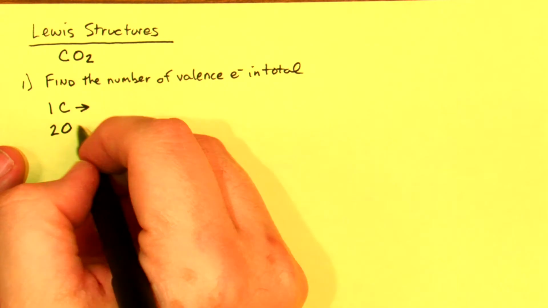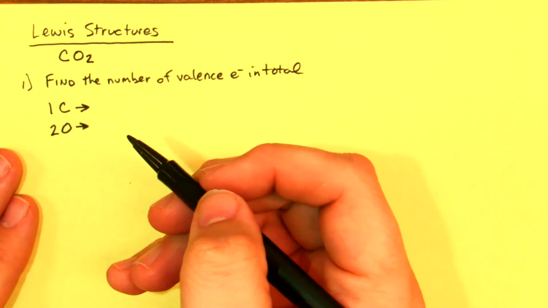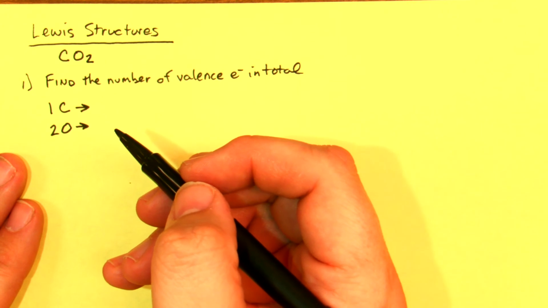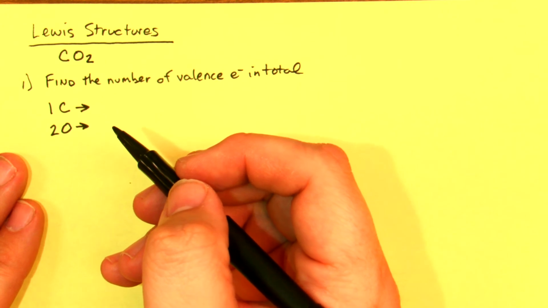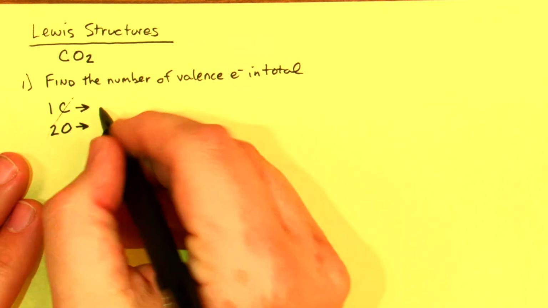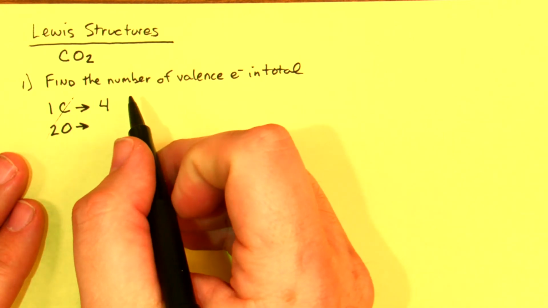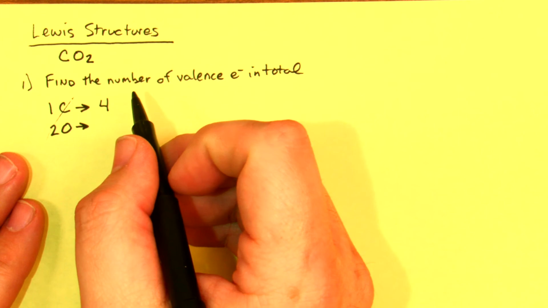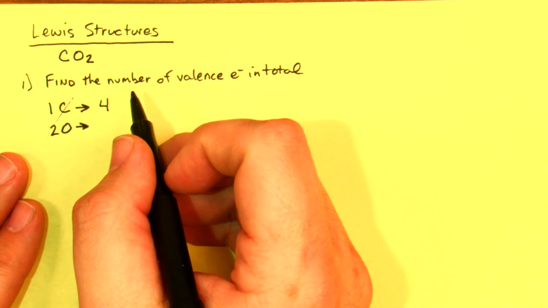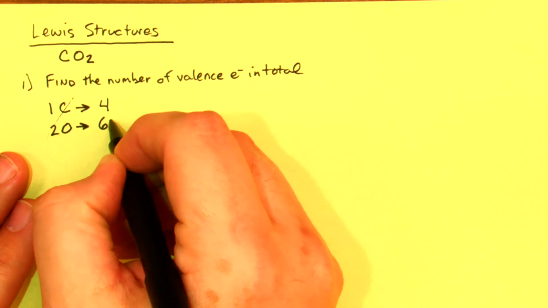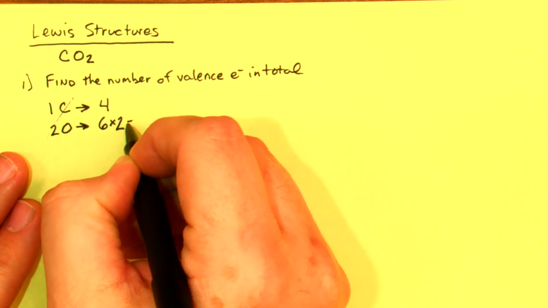Alright, so here's what you got to do. For carbon, how many valence electrons are there for carbon? There's 4. For oxygen, how many valence electrons are there for oxygen? There's 6, but we have to multiply it by 2. Why would we have to multiply it by 2?